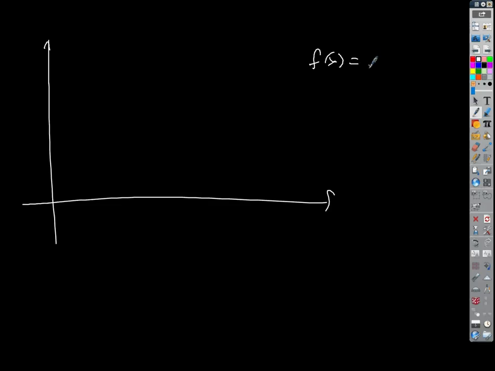f of x equals x squared minus 4x plus 4, and g of x equals, let's make that +8.